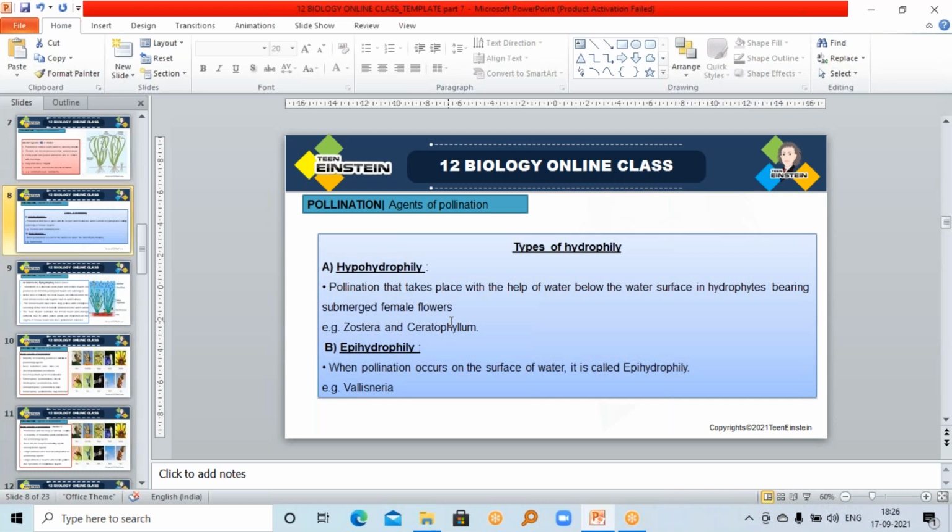There are two types of hydrophily: hypohydrophily and epihydrophily. In hypohydrophily, pollination takes place with the help of water below the water surface in hydrophytes.